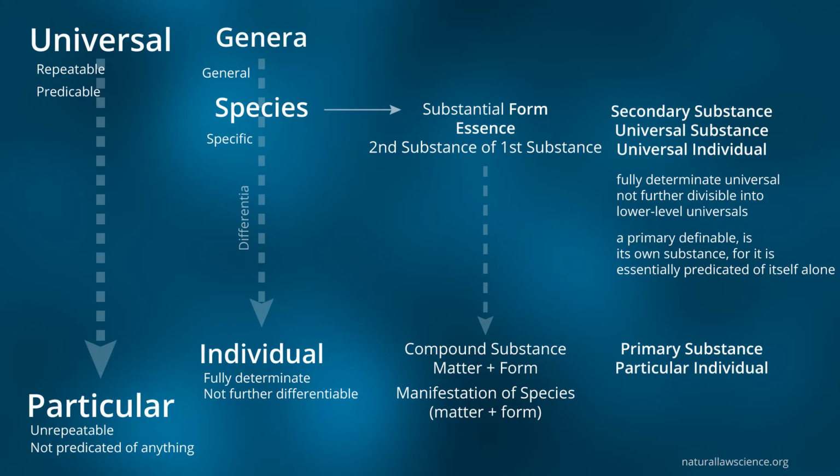These two are required to form a compound substance, an individual particular, a member of the species. The form comes from the species, the matter is just a general matter that exists. So the manifestation of the species comes from matter and form. The general matter that has the form applied to it in order to create the species.